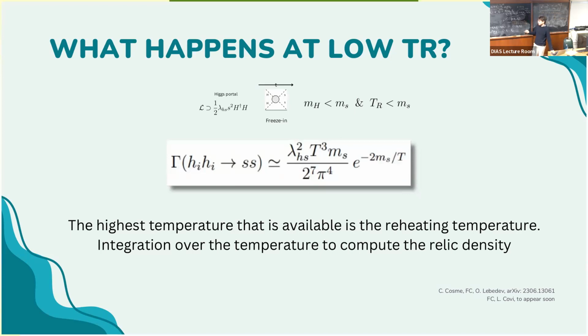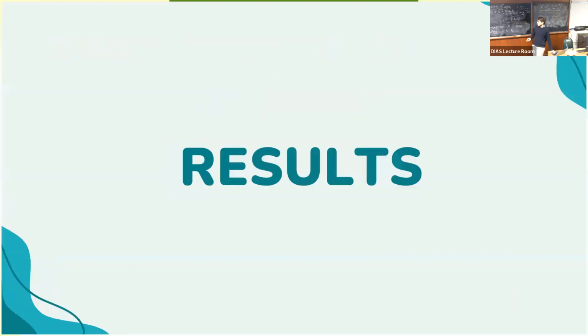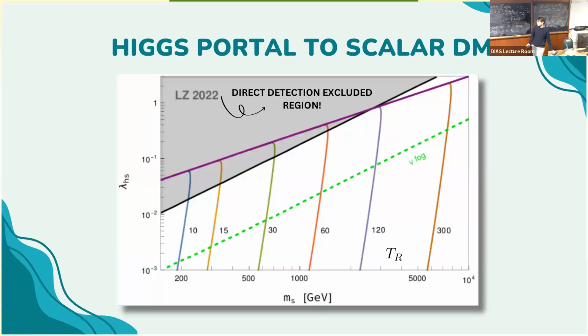Here we consider again an instantaneous reheating to make things simple, meaning that the highest temperature available in the universe is the reheating temperature. Good. So we can have a look at some of the results, keeping in mind what we saw before. This is what the Higgs portal looks like now.